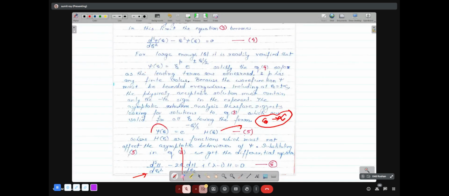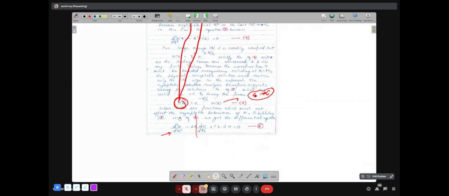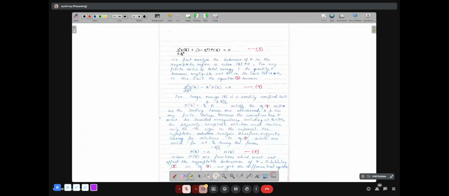ये मैथमेटिक्स आप करके देख सकते हैं, नथिंग डिफिकल्ट. We are just putting this value of psi here, and then you solve, you will get this equation: d2h by d zeta square minus 2 zeta dh by d zeta plus lambda minus 1 is equal to 0. Okay.